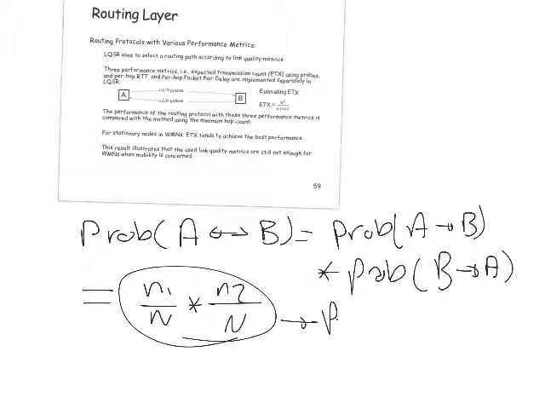Is this what we want? The expected number of transmissions from A to B is what we want. Which means that we want to send a packet from A to B. It may reach B the first time, or it may reach B the second time, or the third time, or the fourth time, or after 1,000 times.